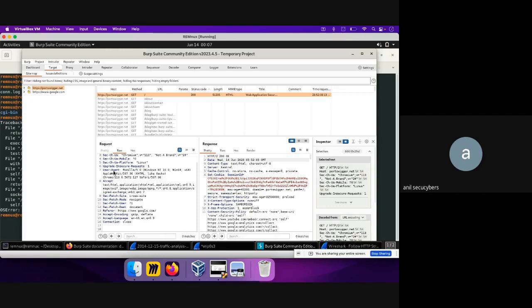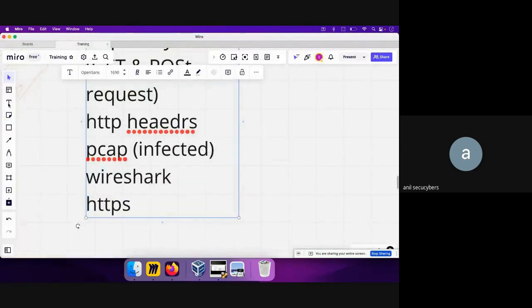Okay, so in that case, one of the things you can do is, let's say you have the host header, the website that was visited. Let me make sure I captured your question correctly.